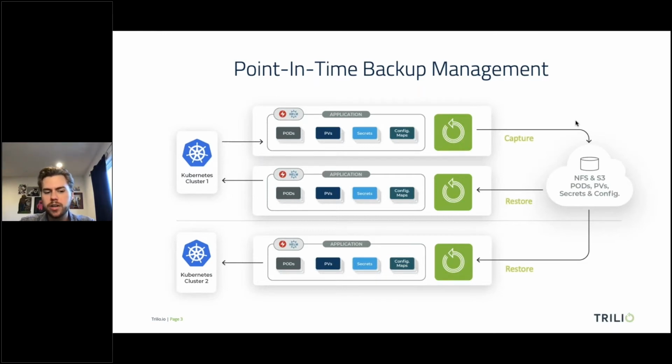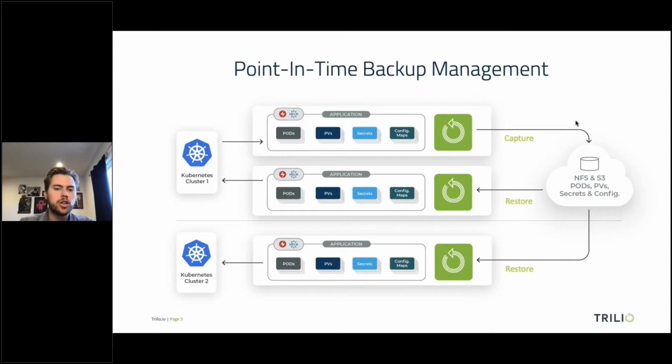And so let's say here that Kubernetes cluster 2 is an RKE cluster, and Kubernetes cluster 1 is just upstream Kubernetes. Even though these are two different distributions, they could be using different components such as different storage classes or different services.